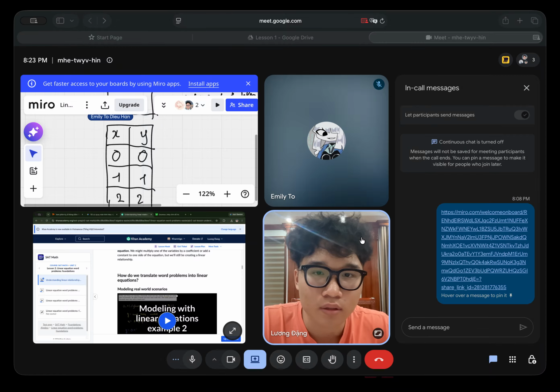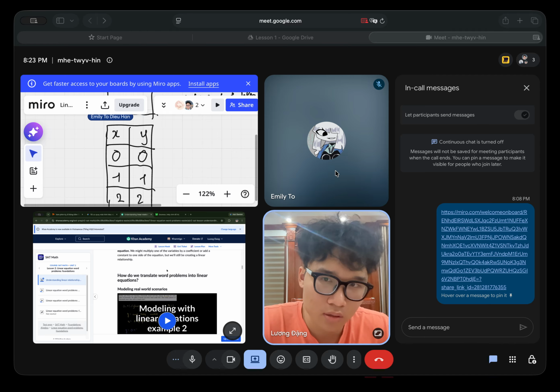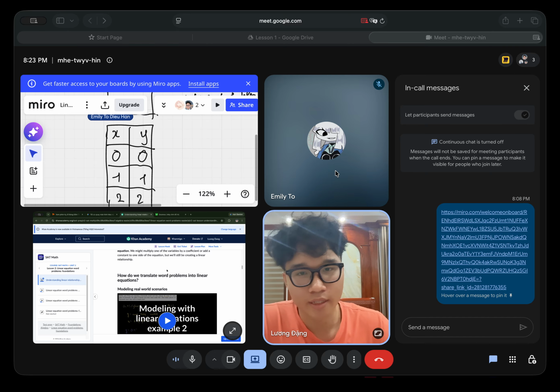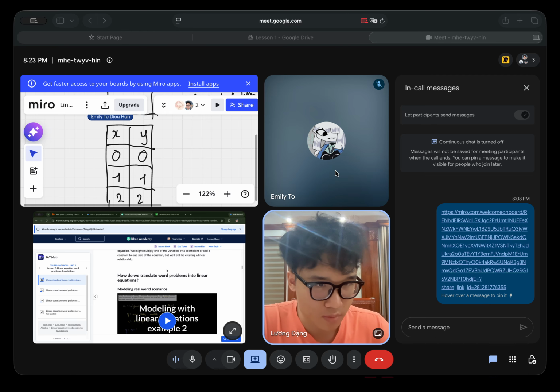Alright, and one exercise the SAT really likes to test you on is word problems, and they require you to translate word problems into linear equations.